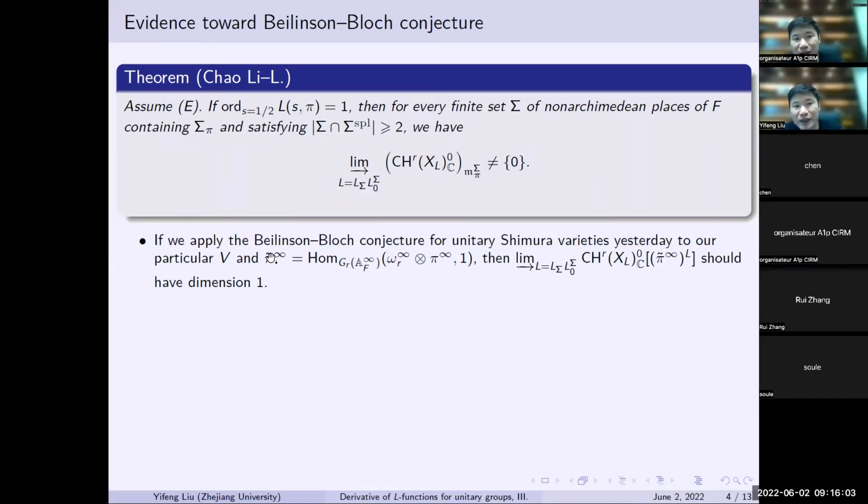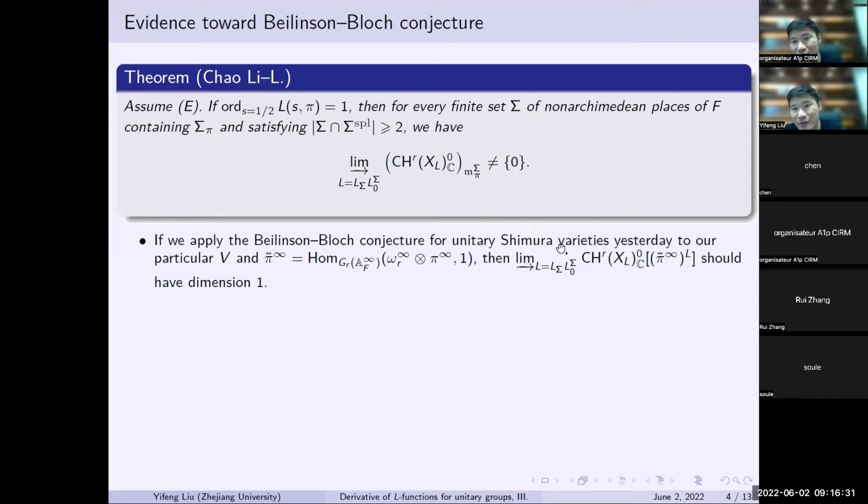Here I take pi tilde to be the theta lift of the original pi to the group H. Then this conjecture actually implies that the pi tilde isotypic part of the cohomologically trivial part of the Chow group should have dimension 1.